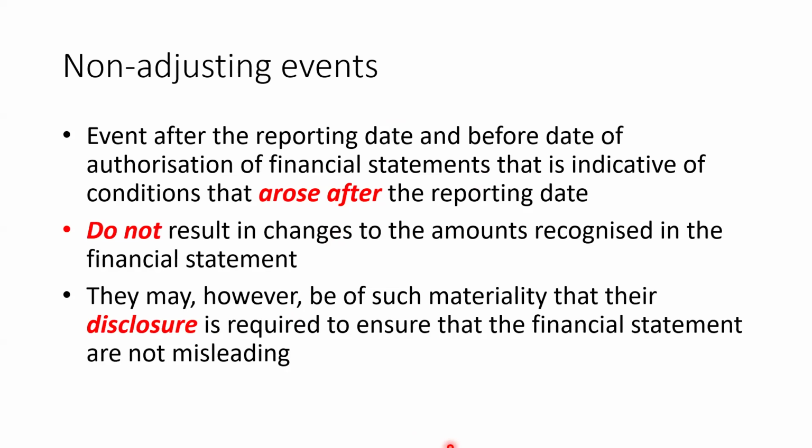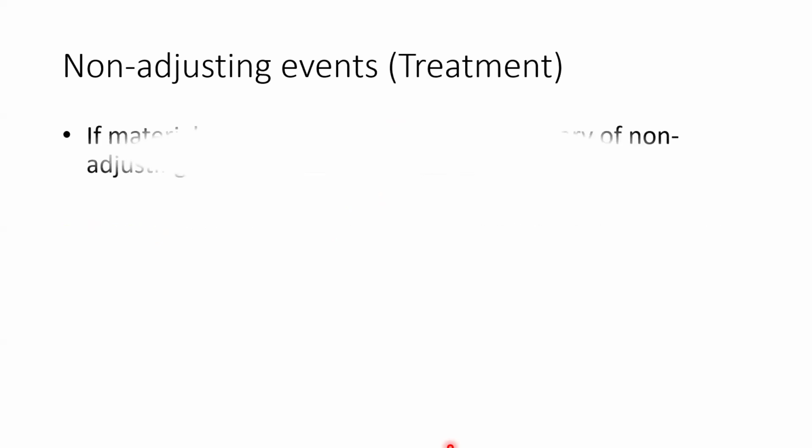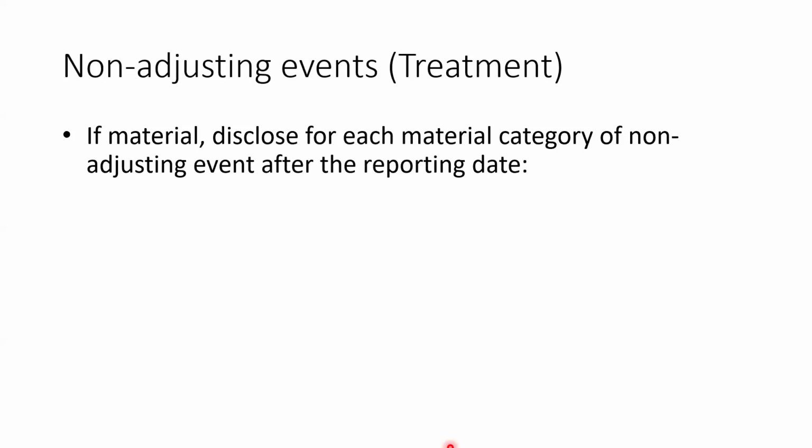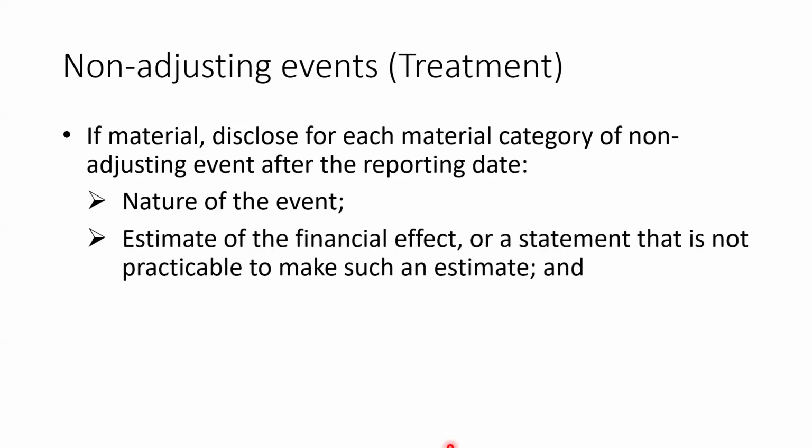Do you know why you have to disclose them? To help users of the financial statement make an informed decision. So if it's material, disclose it; don't adjust the financial statement. What should you disclose?